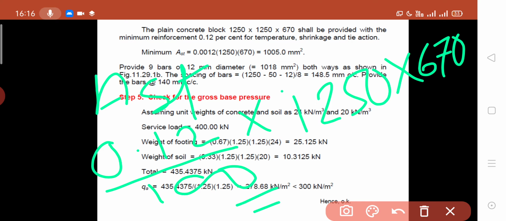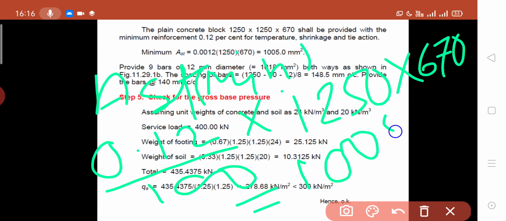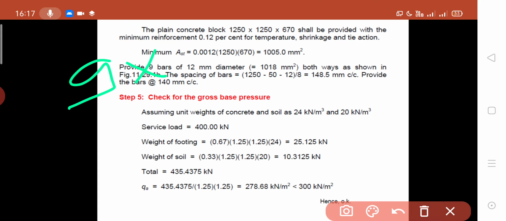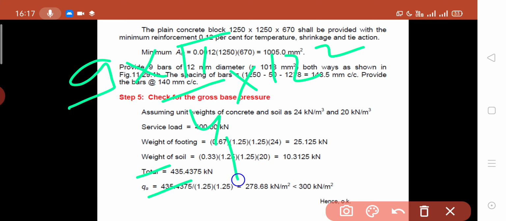So we get the value of minimum Ast, which is 1005 mm square. So we provide 9 bars of 12 mm: 9 bars of pi by 4 into 12 square. So we get the value of 1018 mm square.